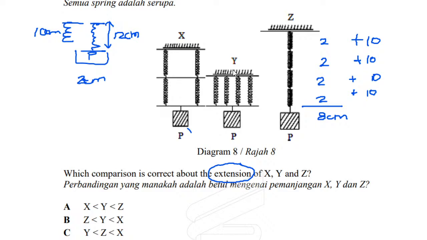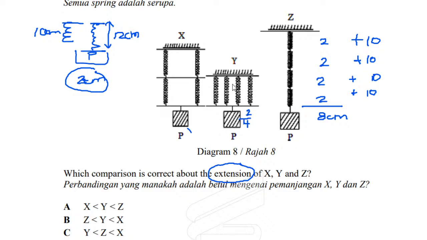Now, look at Y. If the arrangement is in parallel like this, the extension will be divided by how many springs are used. So P should be 2 cm, right? And it is arranged in parallel like this. So 2 cm divided by how many in parallel? 4, right? So divide by 4.